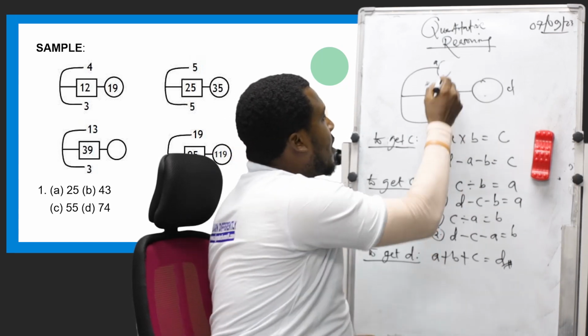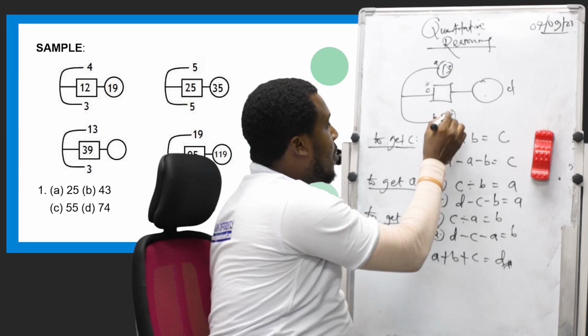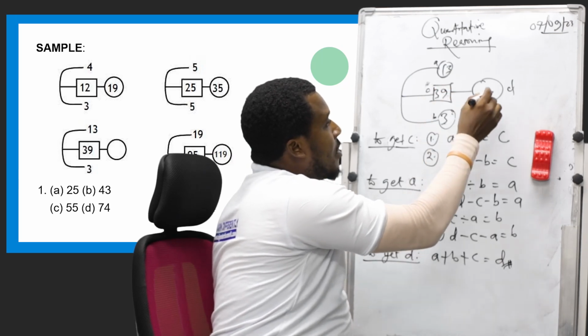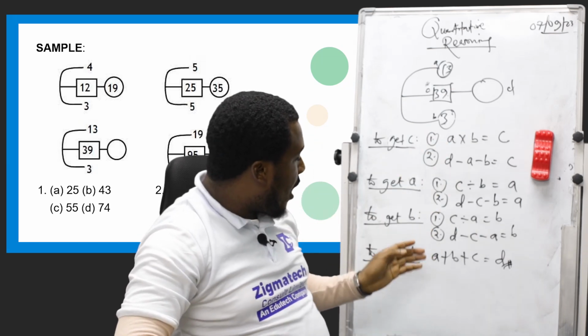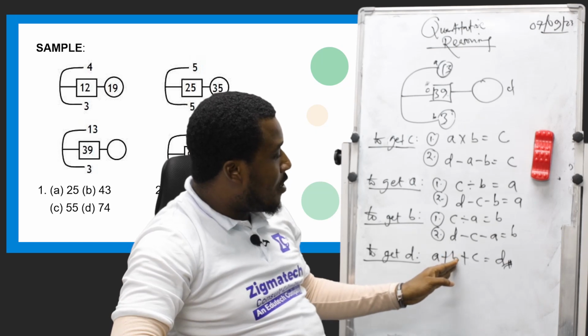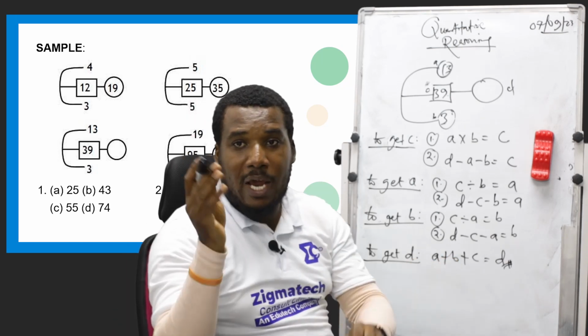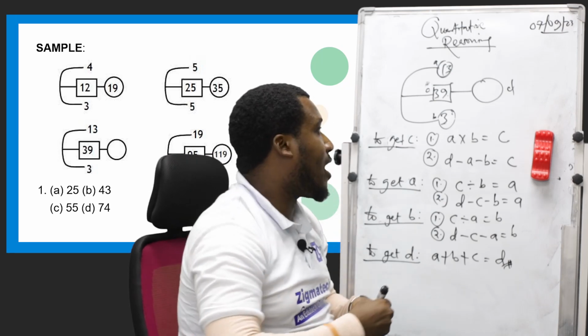We have 13, we have 3, and we have 39, and we're looking for D. Now, using our analogy, we already know that to get D, we do A plus B plus C. Thus, we add 13 plus 3 plus 39, and then we get D.